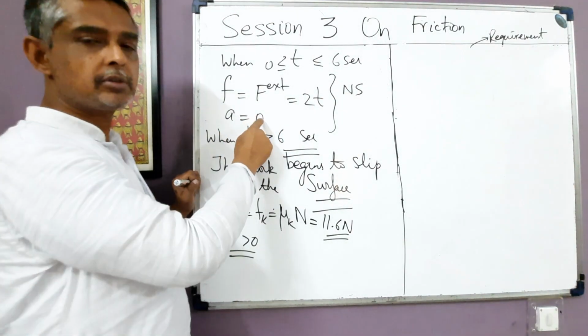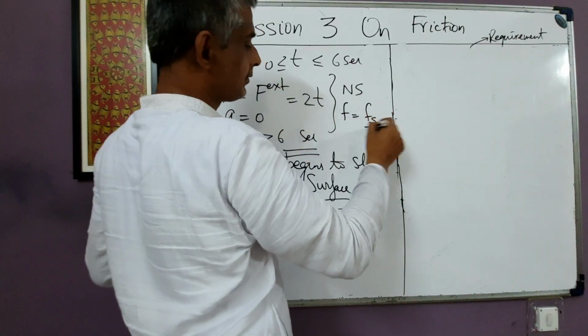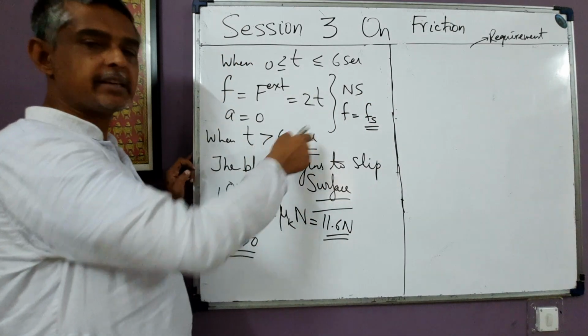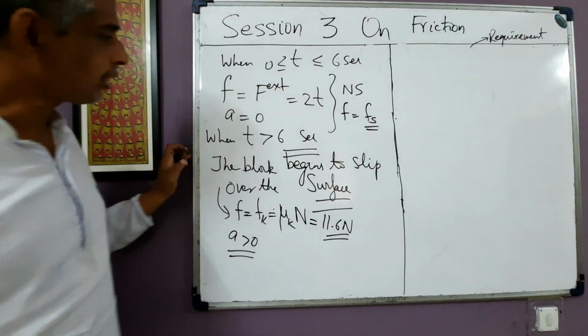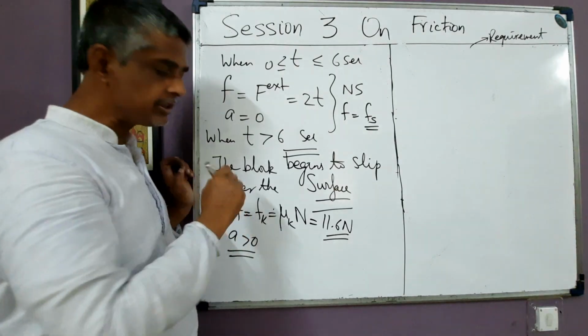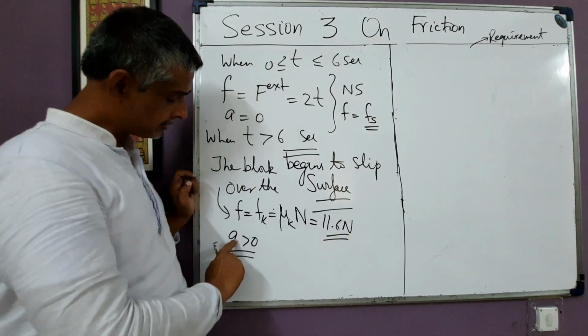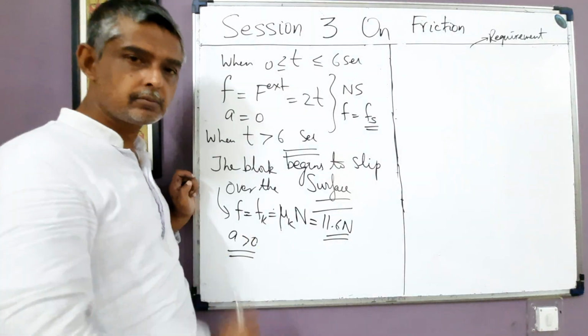That is, the acceleration of the block with respect to ground is 0 and the nature of friction is static. When t exceeds 6 seconds, the block begins to slip over the surface, the nature of friction changes from static to kinetic, its magnitude becomes 11.6 Newton, and the acceleration of the block with respect to ground exceeds 0.